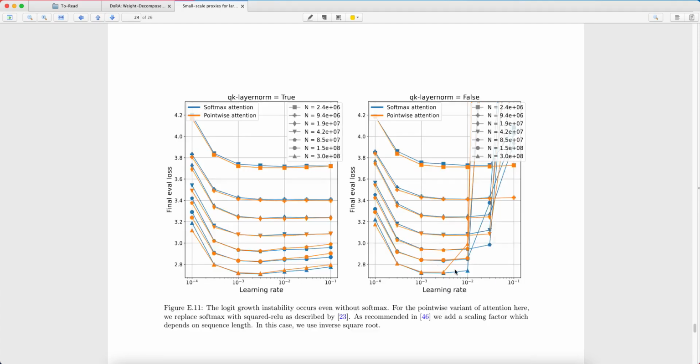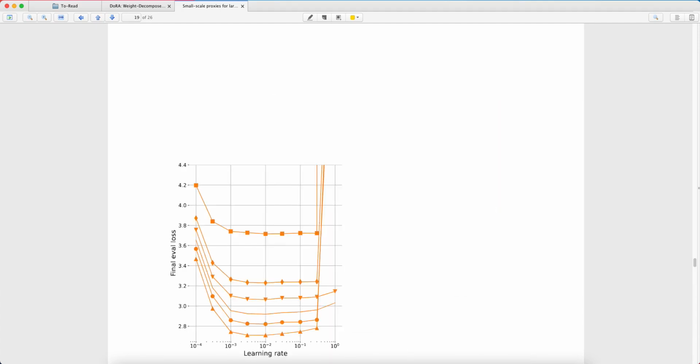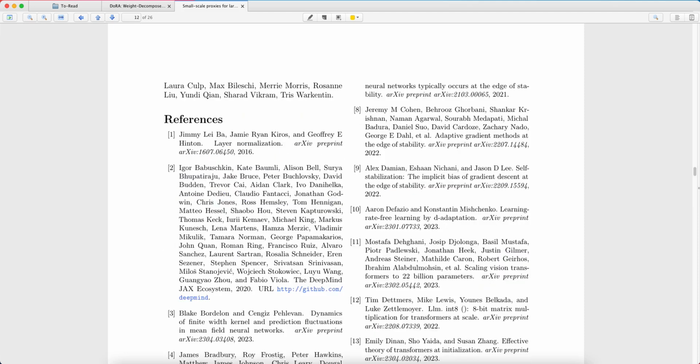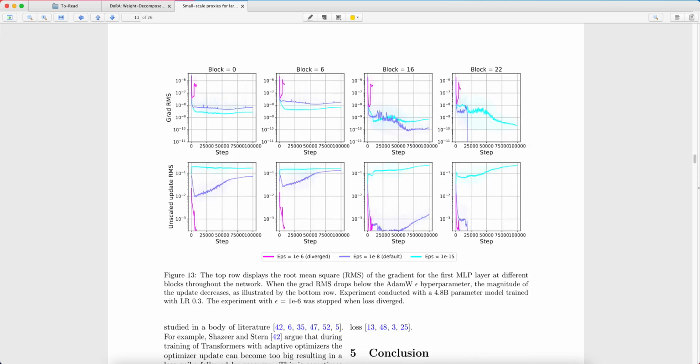It was a lot more clear, relatively speaking, when we looked at this, right? Here, I could see that grad RMS drops here, and the update collapses. Whereas for 1e-15, even when the grad RMS drops, the update doesn't collapse.